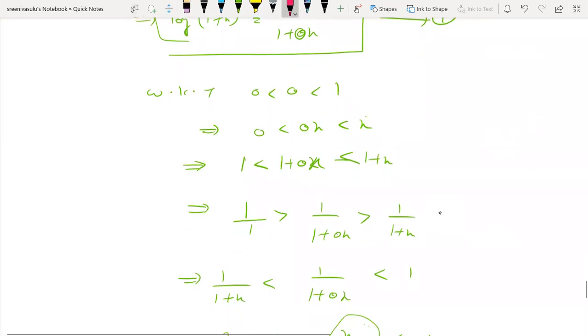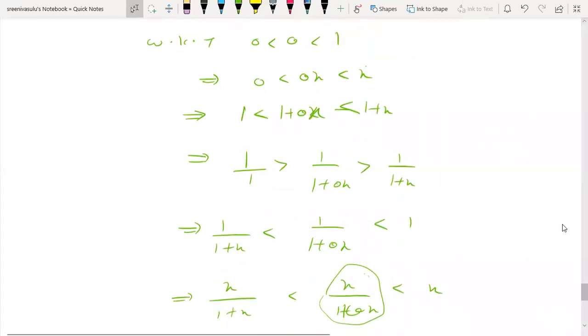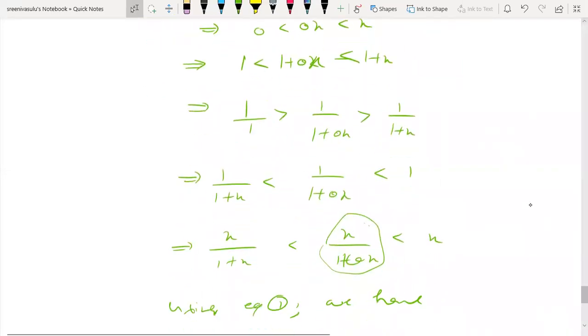Reciprocate: 1 greater than 1 by 1 plus theta x greater than 1 by 1 plus x. Writing this in less than format, taking right to left, we get 1 by 1 plus x less than 1 by 1 plus theta x less than 1.